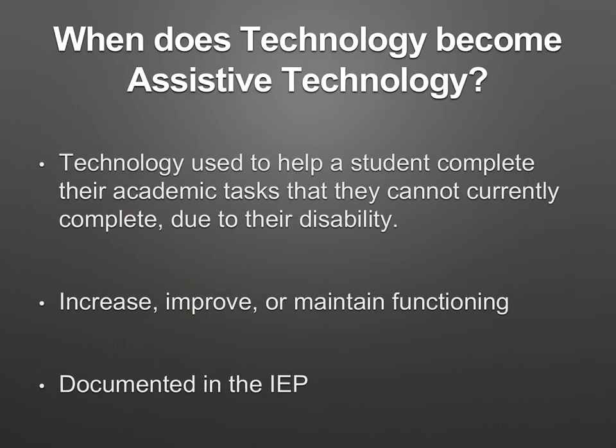When does technology become assistive technology? Tech becomes assistive technology when it's used to help a student complete their academic tasks that they cannot currently complete due to their disability. Technology becomes assistive technology when it assists a student in increasing, improving, or maintaining some area of functioning. And technology becomes assistive technology when it is documented in the IEP as assistive technology.